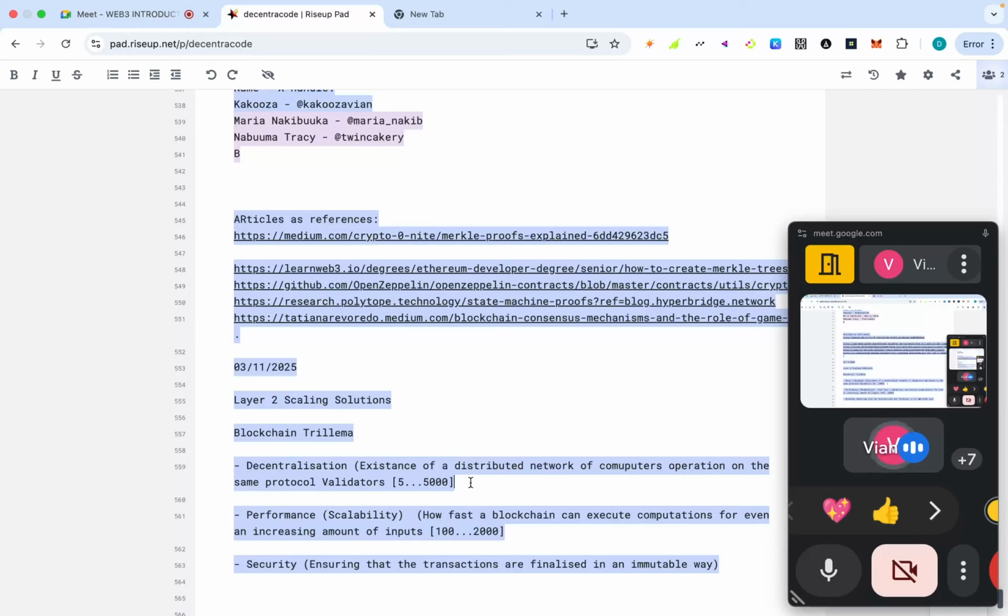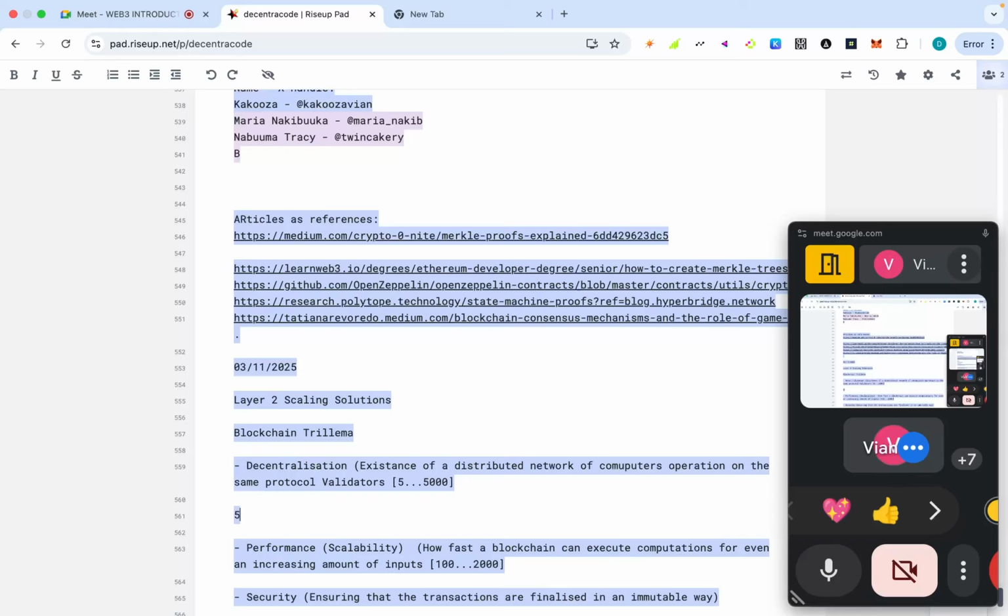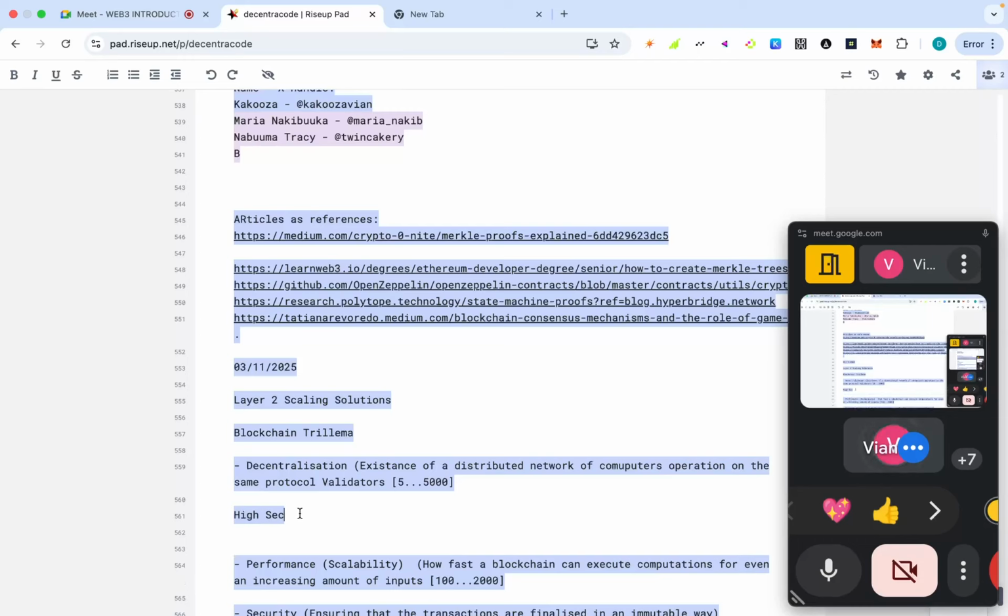Let me just try to demonstrate it here. If we have high security, now I'm looking at decentralization and why it's important, how it impacts security. If we have high security, this implies, let me look at a hypothetical value of maybe 17 security proofs for each transaction.